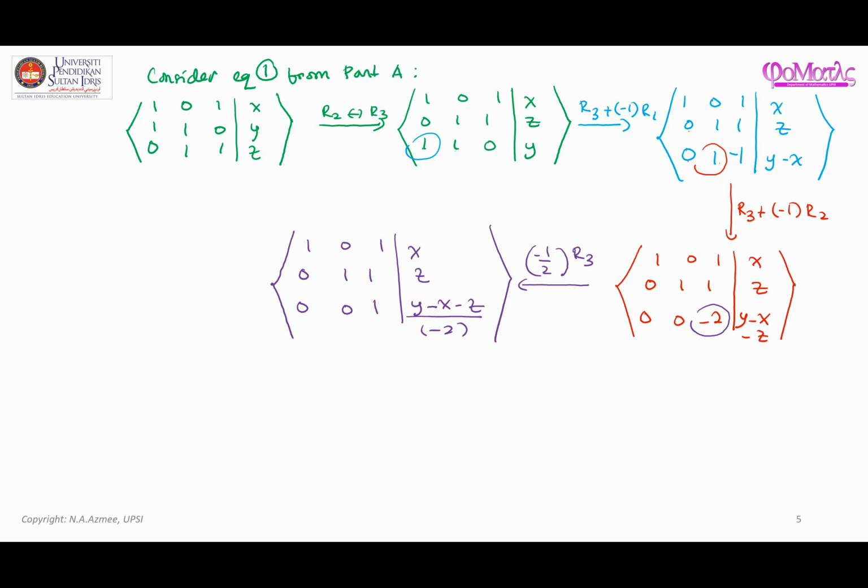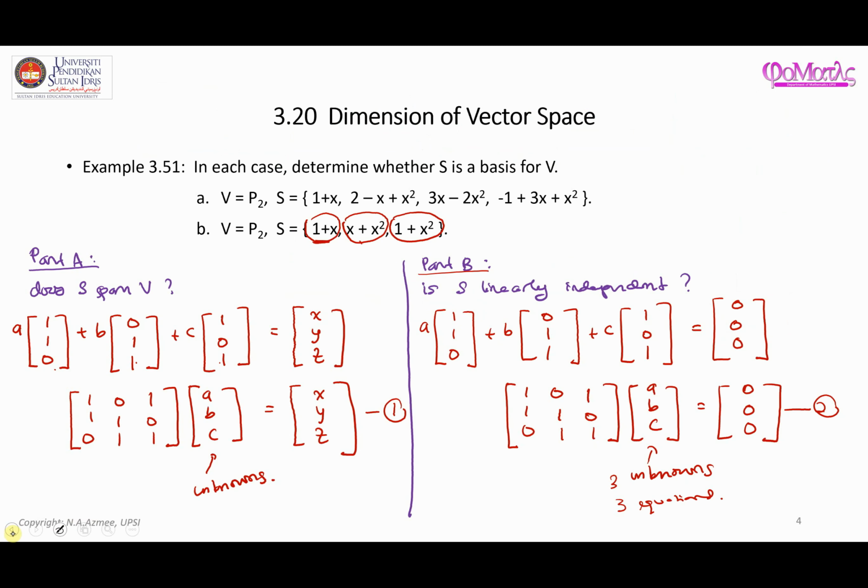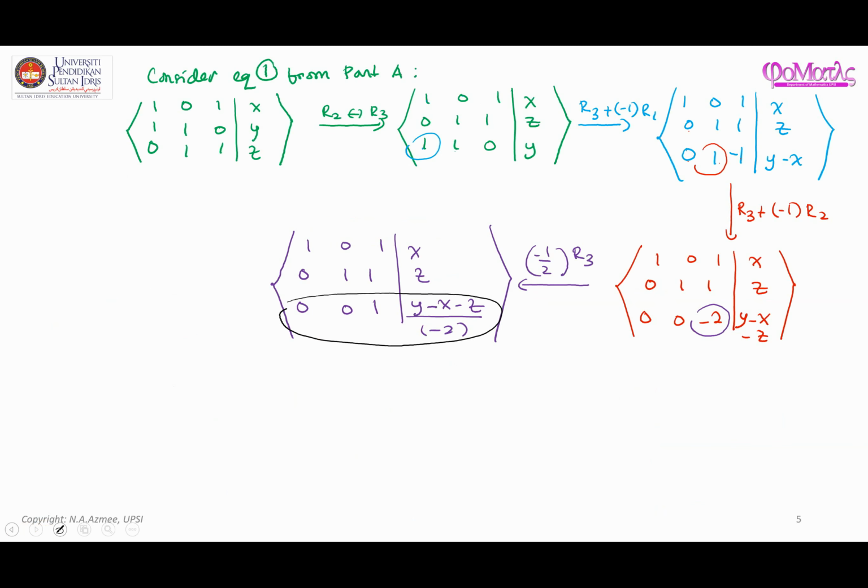Now I can consider this part here. So what I have is here we have A, B, and C. Therefore, for this one C is equal to y minus x minus z over negative 2, which is equal to x plus z minus y over 2.